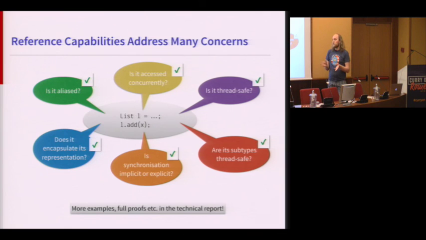Let's say you have a list with a first and a last pointer. You can have a single capability that guards access to either the first or the last pointer, not both at the same time. So we can capture a lot with these things, but it's possible that there are more operators that would add functionality.